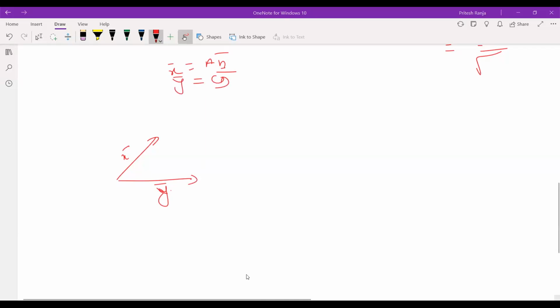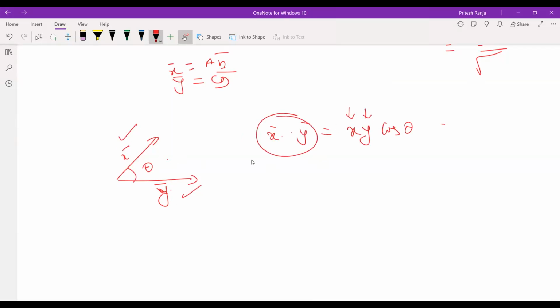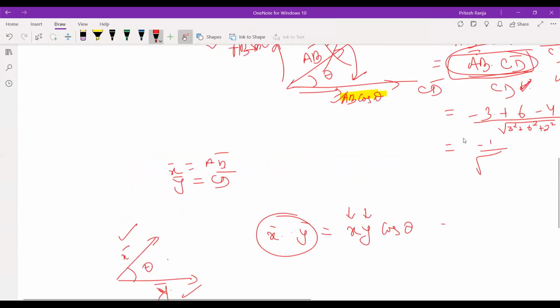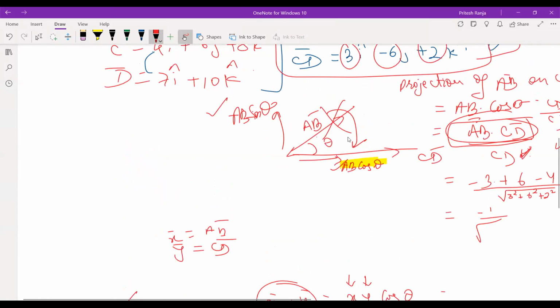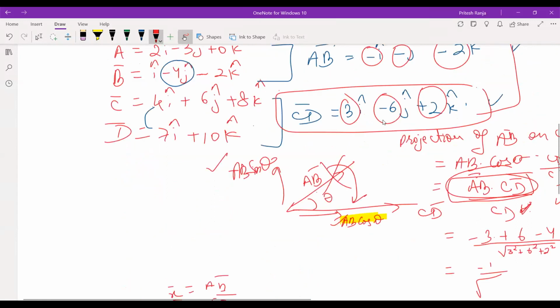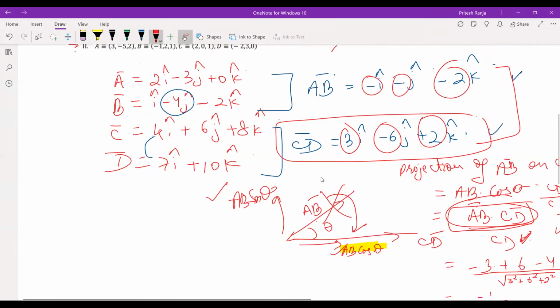Now we have to find out the angle between them. So you will do x dot y is equal to xy cos theta. These are the magnitudes. You can get the magnitudes of the vectors, and the dot product can be easily obtained. You can see here we obtained the two vectors AB and CD. You will take the dot product, and we will use this equation and get the value of theta from here.